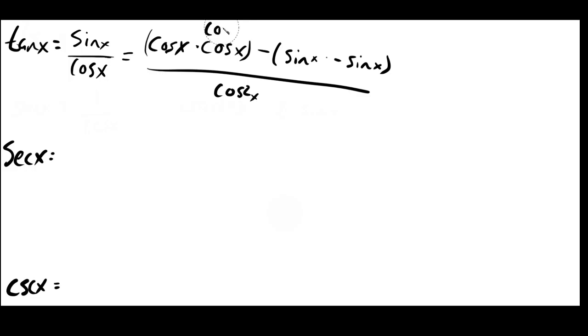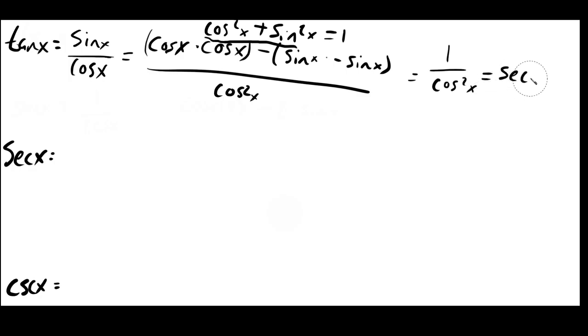So this is cosine squared x, and then this is negative sine squared x, but since it's a negative here, it's plus. You should know that this is a Pythagorean identity, where this is equal to 1. So it's 1 over cosine squared x, which is equal to secant squared x. And that's the derivative of tangent: secant squared x.